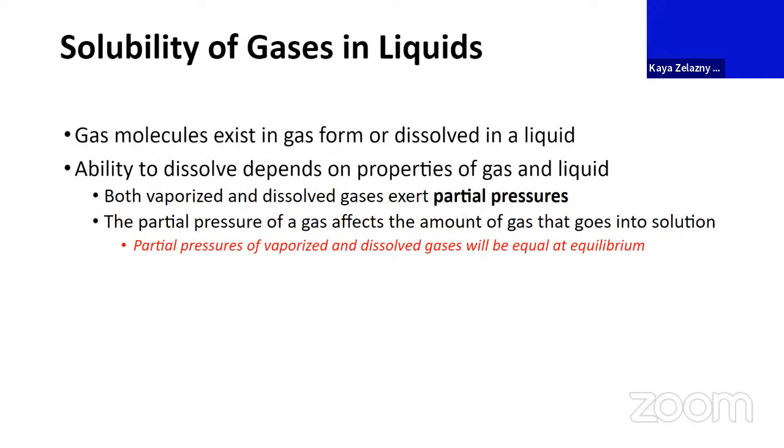You have a partial pressure, whether we're talking about a gas in the air around you or the gas in the blood. And those partial pressures are going to affect each other. So the partial pressure of that gas in the air is going to affect how much gas gets into the solution, how much gas gets into the liquid.